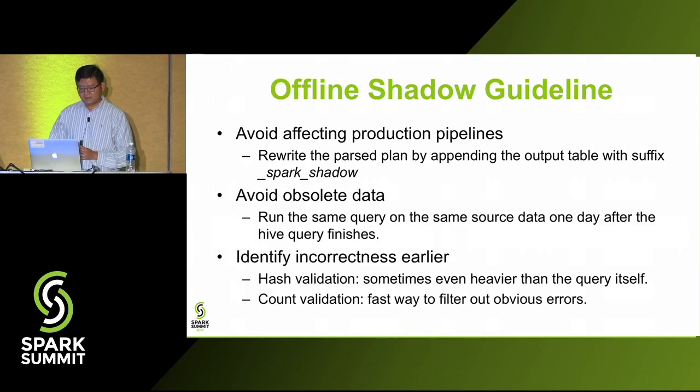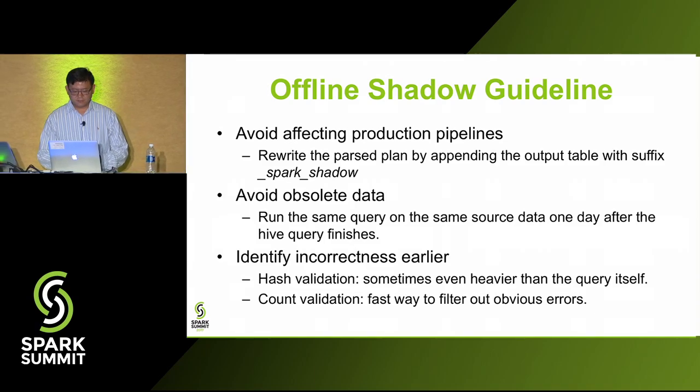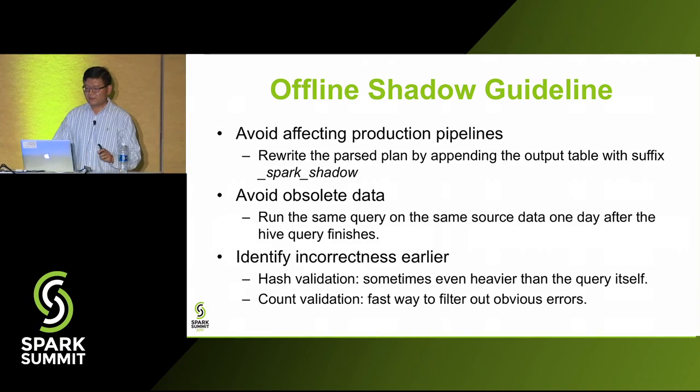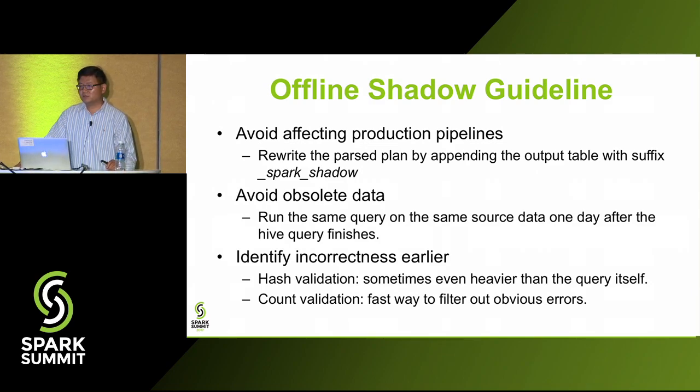There are some guidelines for offline shadow. First, we have to avoid affecting any production pipeline. So we get the same query based on the Hive query log. We have to rewrite the query plan to write into a different table, for example, we append a suffix to the table name for Spark shadow.